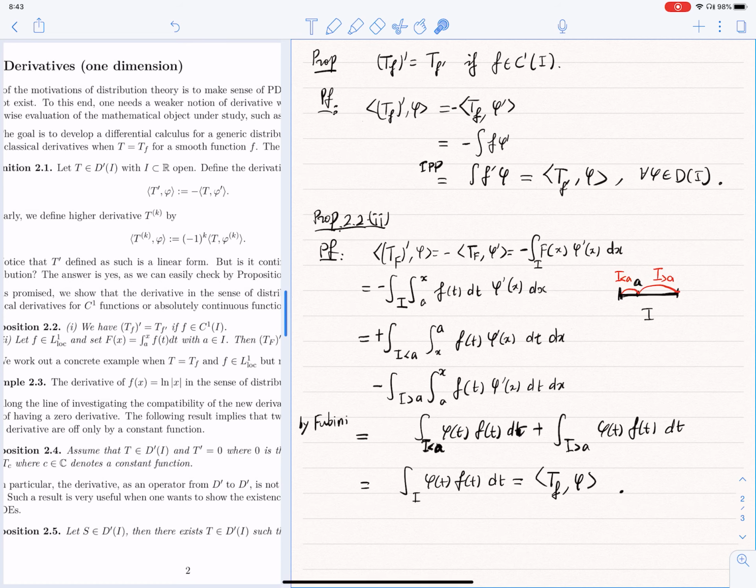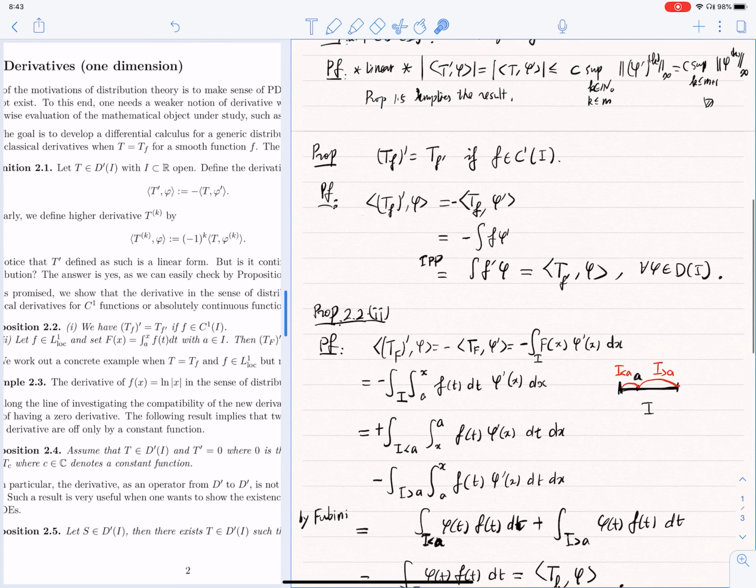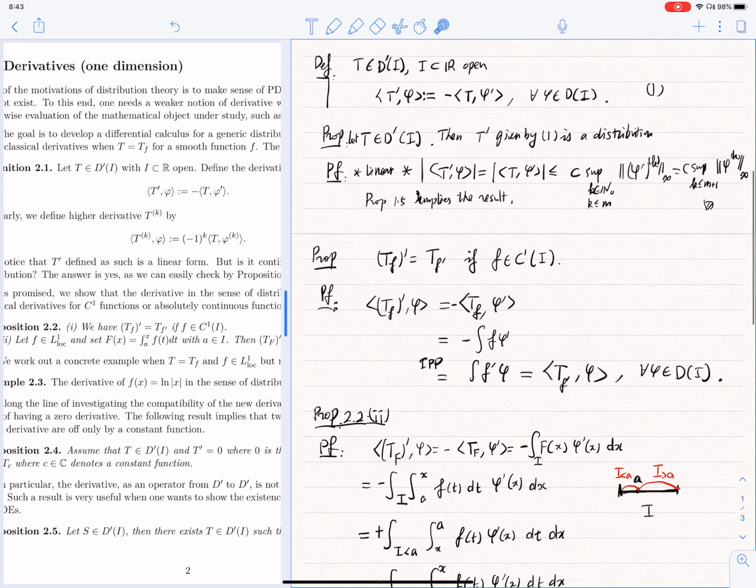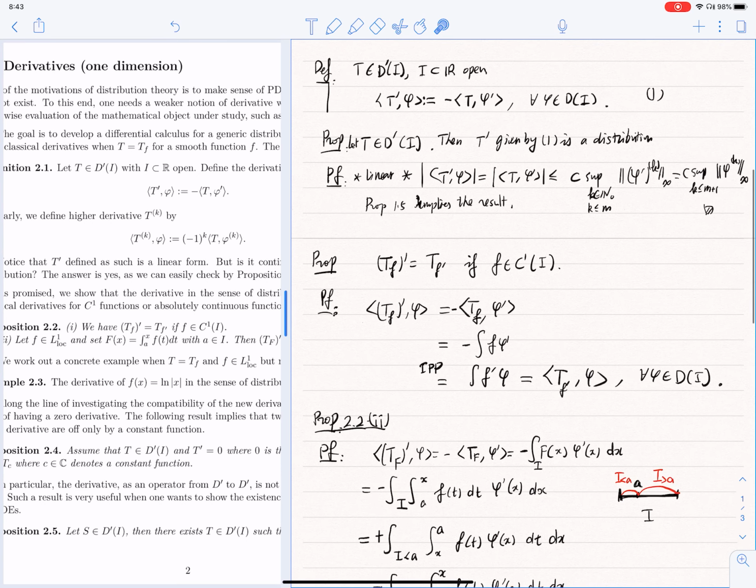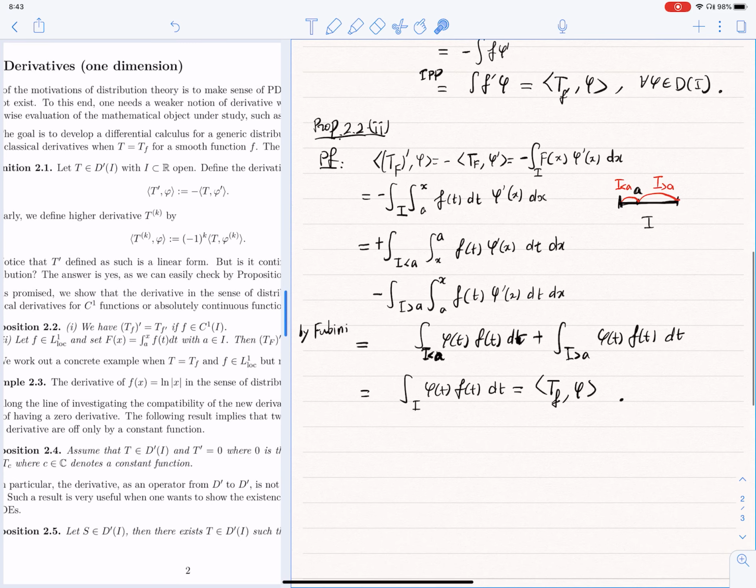So this says that either way, we have a definition of the derivative for a much larger class of mathematical objects, distributions, which is compatible with the classical notion of derivatives. So this is very good, which makes the theory more attractive.